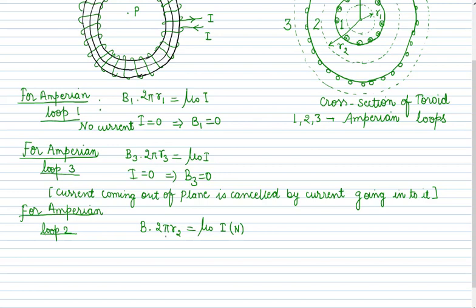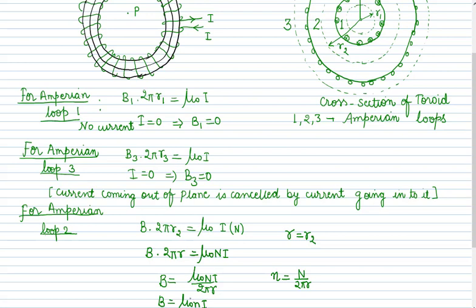Since this point is in the toroid itself, whatever is the radius of the toroid will be the radius R2, so we can replace R2 with R. So what we get is B into 2 pi R is equal to mu naught N I, or B is equal to mu naught N I upon 2 pi R. And if we take small n as N upon 2 pi R, the total number of turns divided by 2 pi R, then we can also write this formula as B is equal to mu naught n I, which is similar to the magnetic field we calculated for the solenoid.